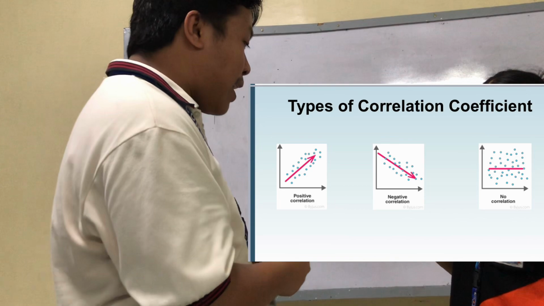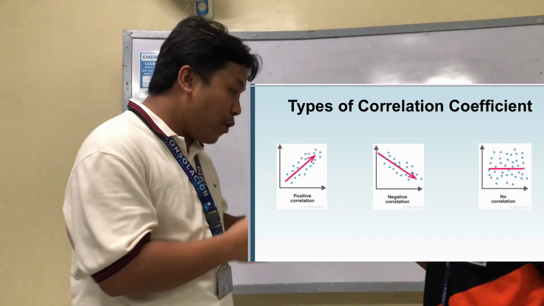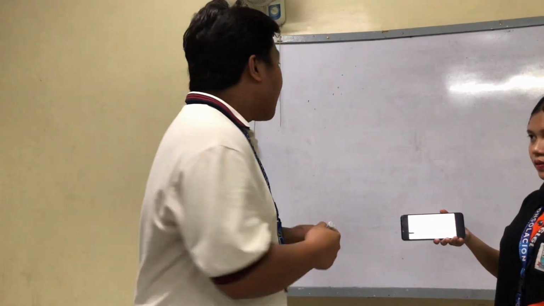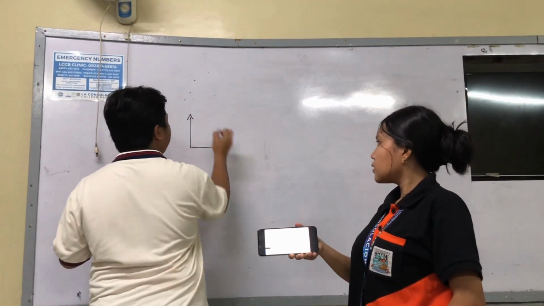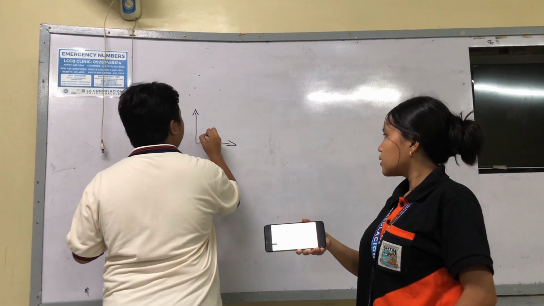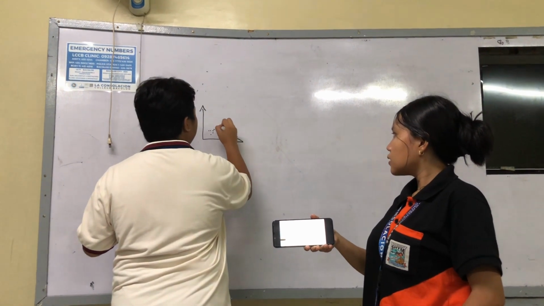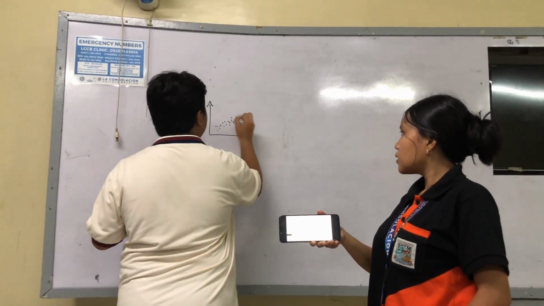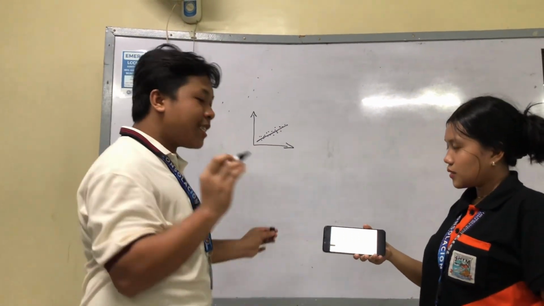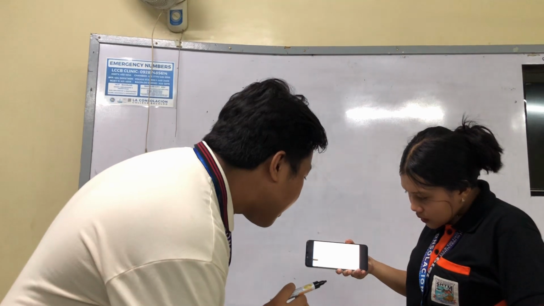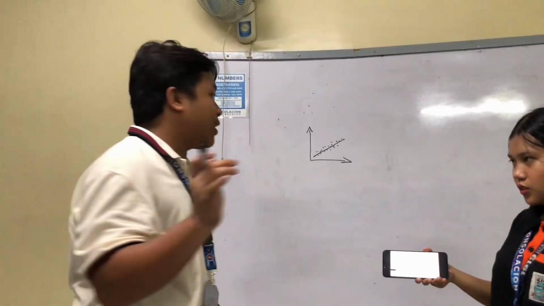We have the positive correlation, which is this. You see that? Next is the negative correlation.